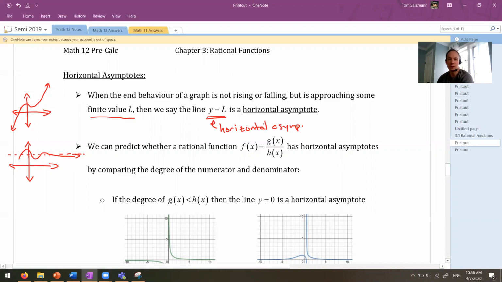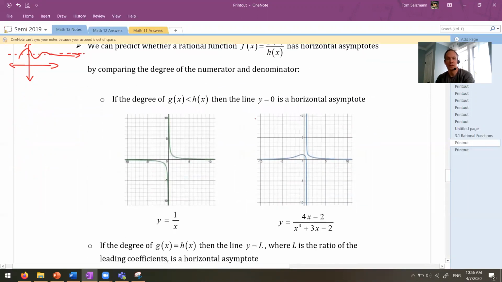We can use a few simple rules to predict whether a rational function will have a horizontal asymptote. For now, I'm just going to tell you the rules, and we're going to use them, but then we're going to think about it a little bit. So if the degree of g is less than h, so the degree of the numerator is less than the denominator, then the line y equals 0 will be a horizontal asymptote.